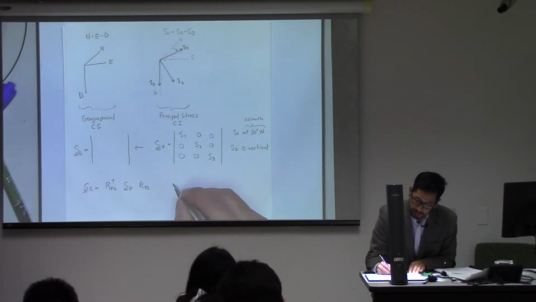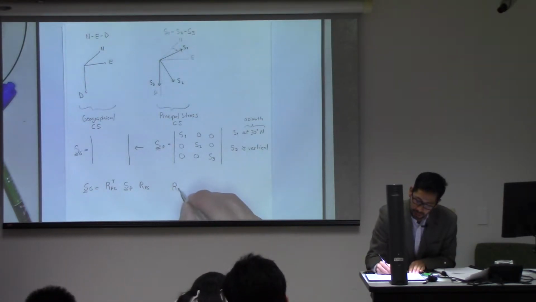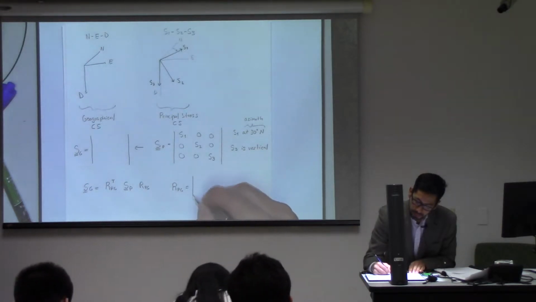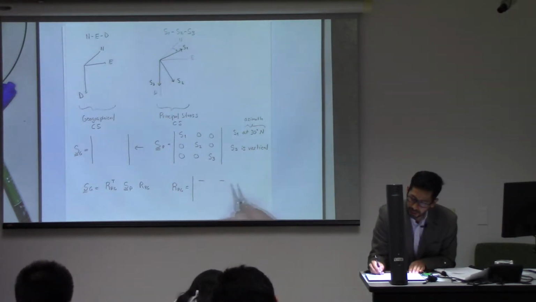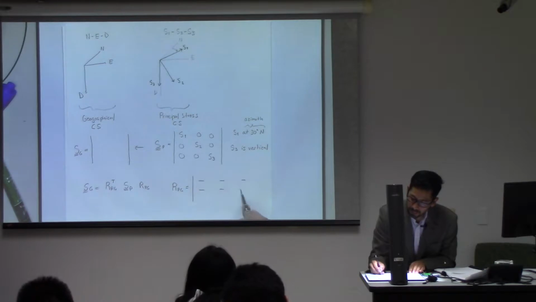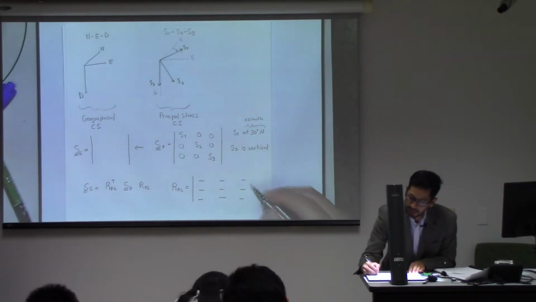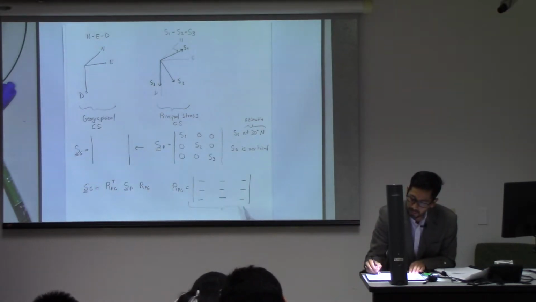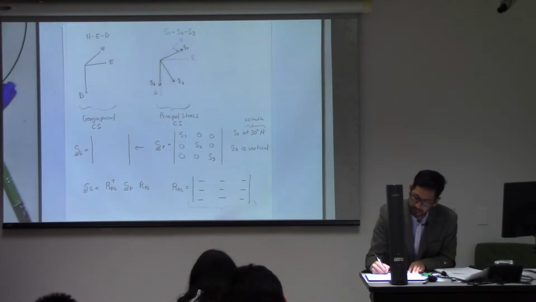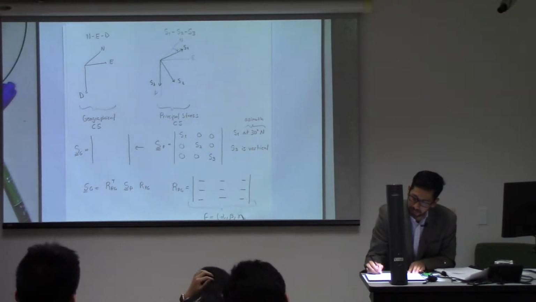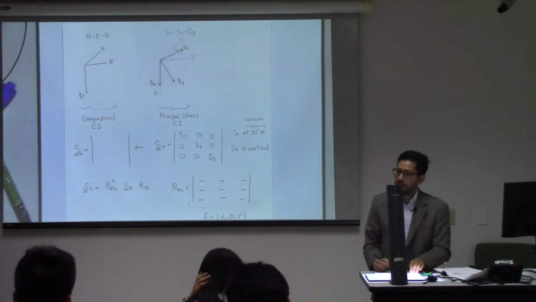It's a rotation matrix, where RPG is going to be a 3x3 matrix in which each of these elements is going to be a function of some angles that we're going to define as alpha, beta, and gamma.